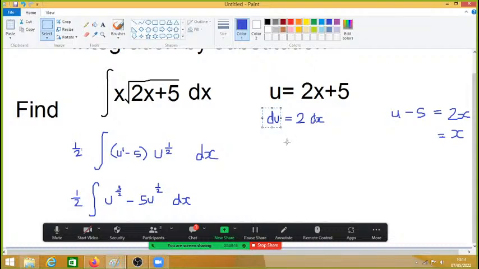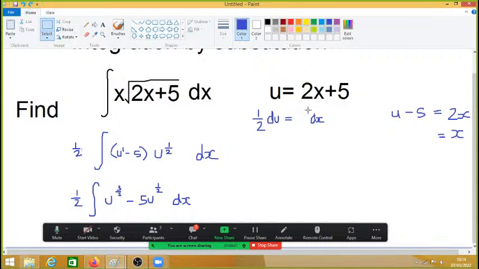And then I just want dx on its own, so I can just times both sides by a half or divide by 2. So I'll have a half on this side times this side by half, and that will get rid of the 2. So now I've rearranged for dx, just treating it like any other formula.